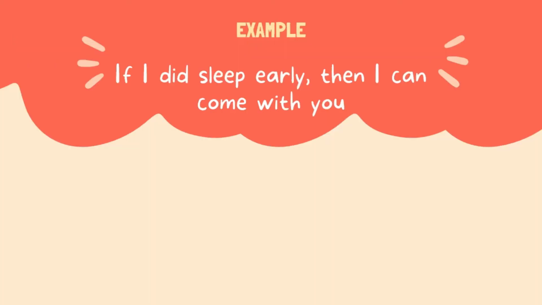So the example would be, if I did sleep early, then I can come with you. Okay? So we first find the P part, or the hypothesis. The hypothesis is always in the if part. So the hypothesis is, I did sleep early. And then the conclusion is in the then part.